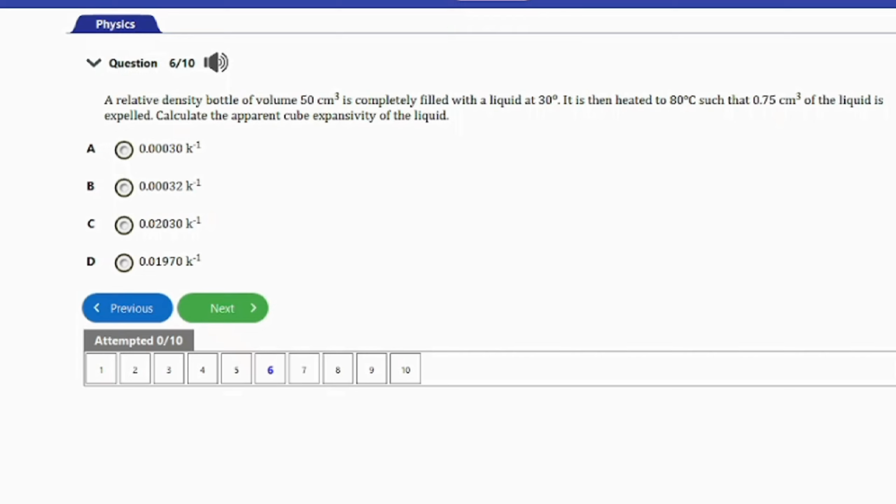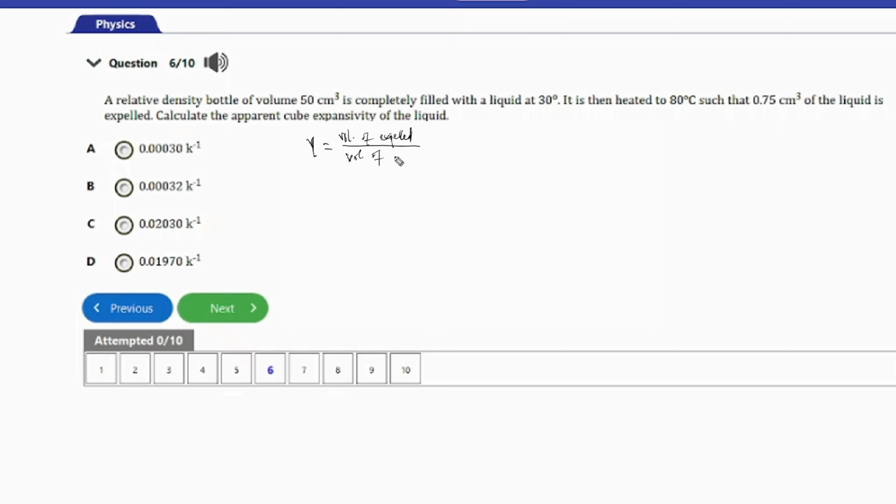So guys, the apparent cubic expansivity of this liquid can be calculated easily. The apparent cubic expansivity gamma is going to be the volume of expelled liquid over the volume of the remaining liquid times temperature rise.